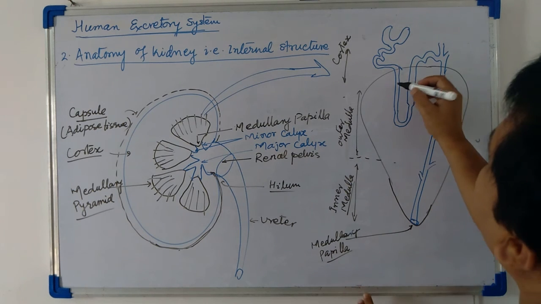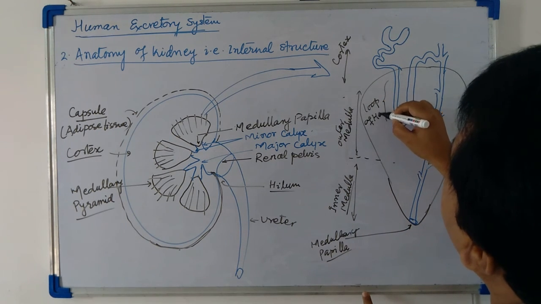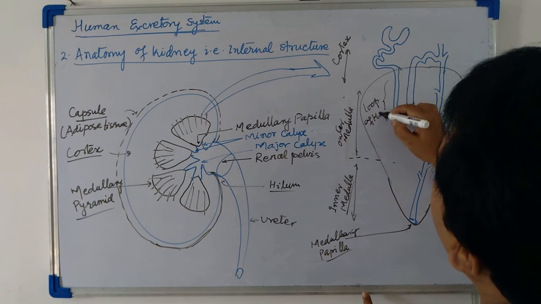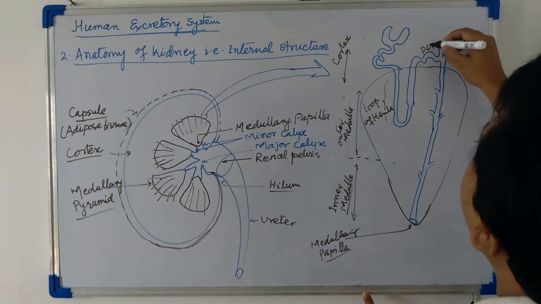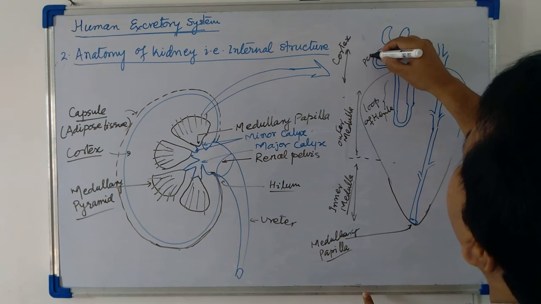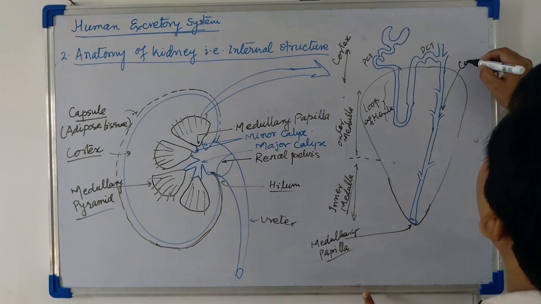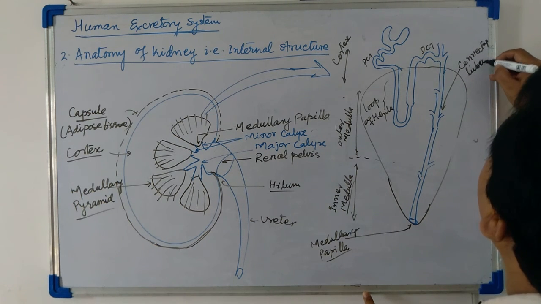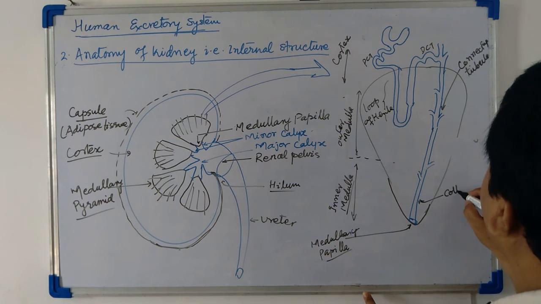So this is loop of Henle, and this is Bowman's capsule. This is DCT, this one is PCT, and these are collecting or connecting ducts. Connecting duct tubules, and this is collecting duct.